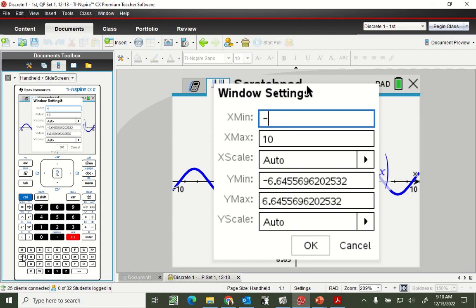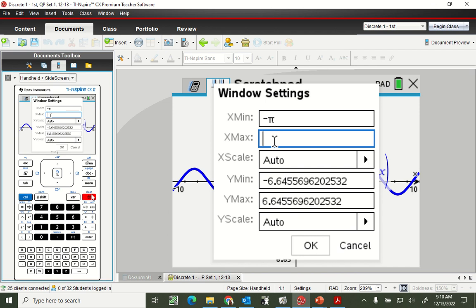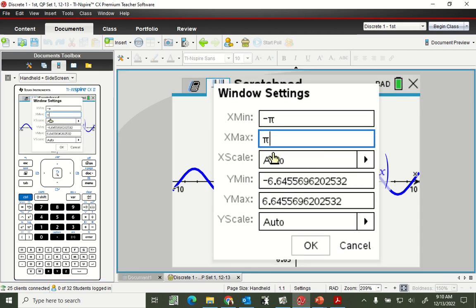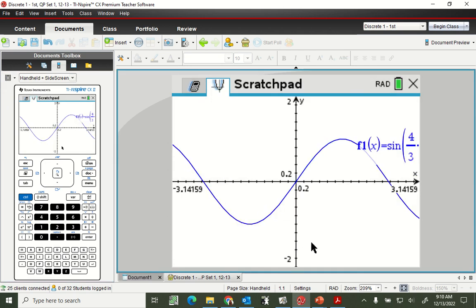So x min negative pi, x max positive pi, y min negative 2, y max positive 2, right? So you're matching your graph to what the graph is. You could easily just look at it and see which one it's going to be. Let's try to match that.